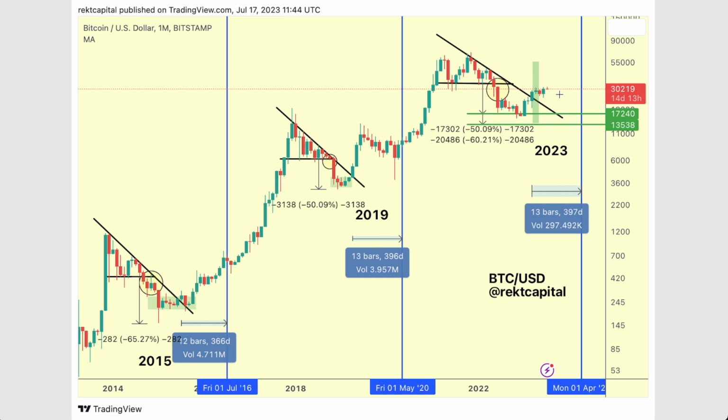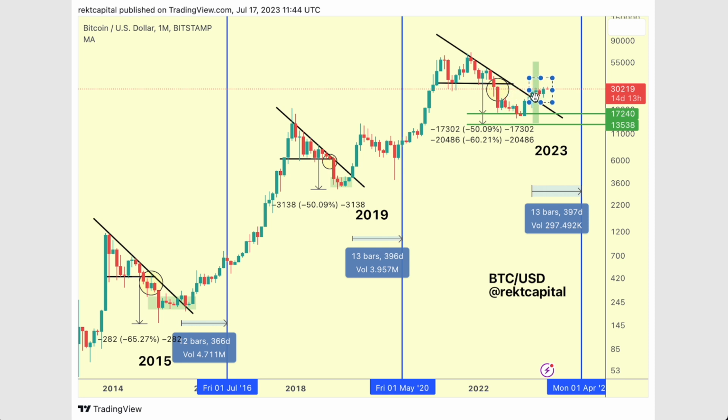So where do we go from here? One of the interesting things is that as much as we've spoken about how 2019 was essentially repeated with retracement depth and time of macro breakout past the macro downtrend prior to the halving, we didn't see a trend acceleration just like in 2019.